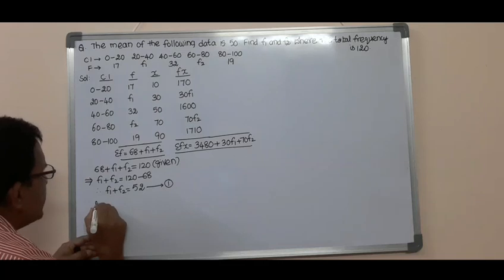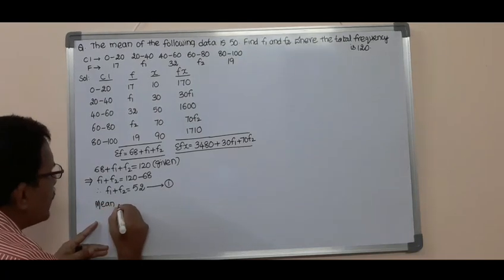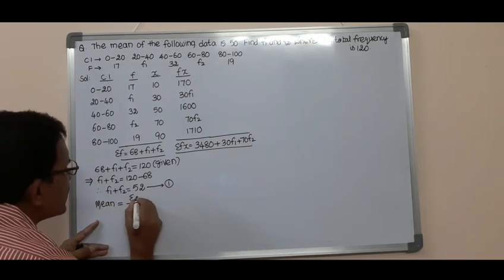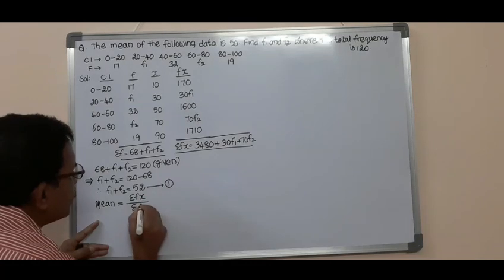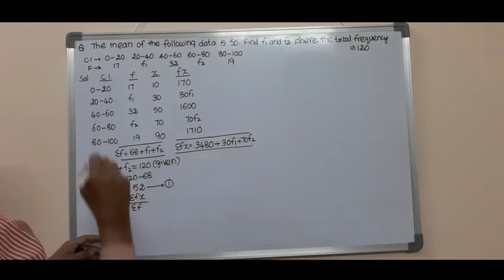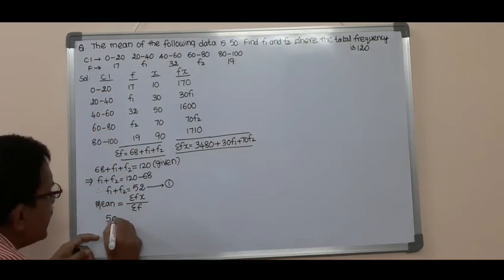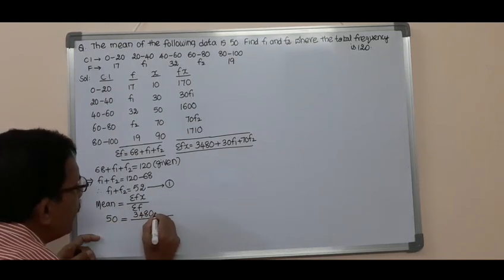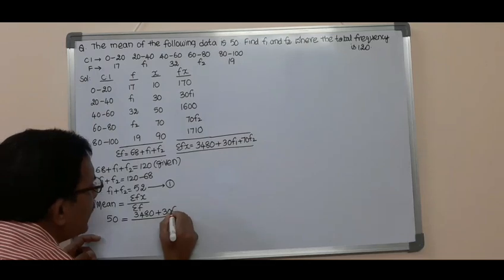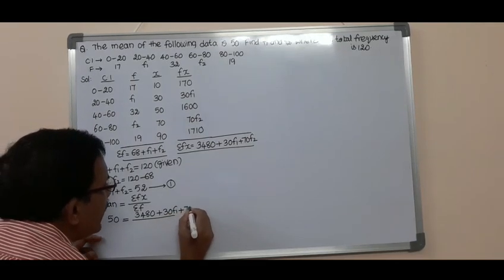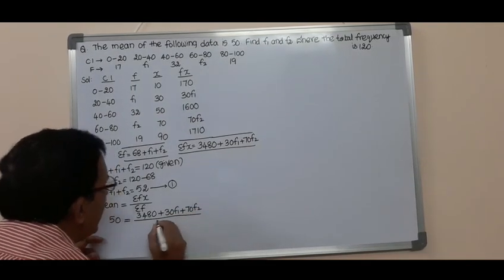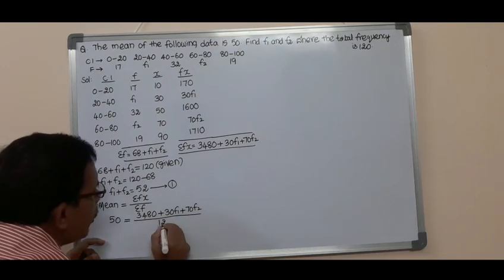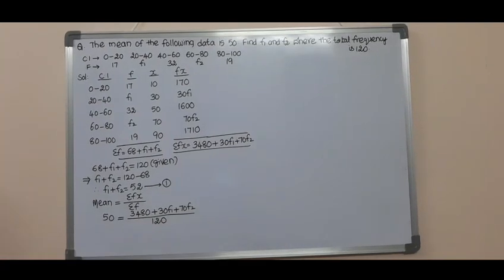Now mean is equal to sigma fx by sigma f. Mean it is given 50 is equal to 3480 plus 30 f1 plus 70 f2 by 120. Total frequency 120.